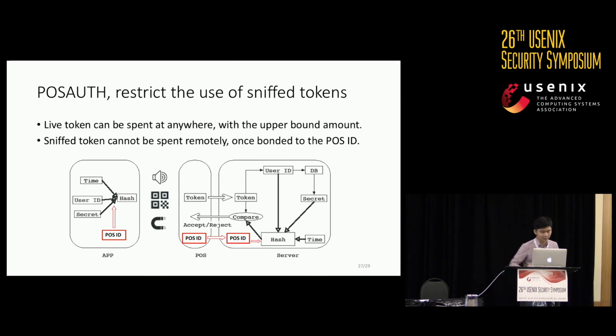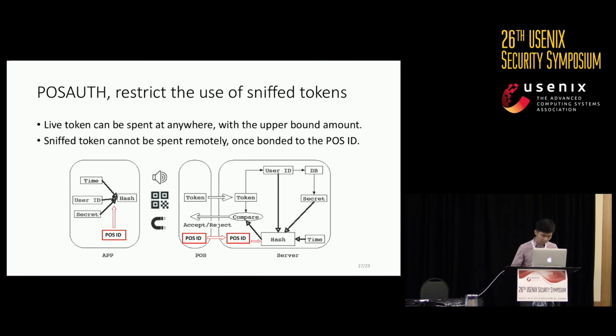So we proposed that the POS ID should be integrated into the message of the hash that generates the token. And the server should also verify that the POS ID inside the token matches the one sent by the POS machine.